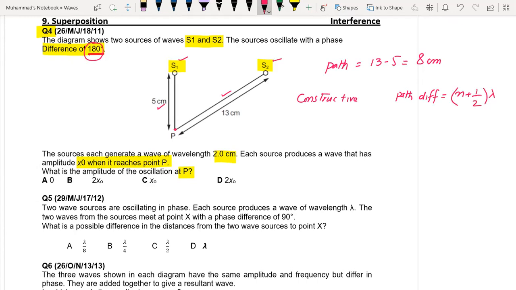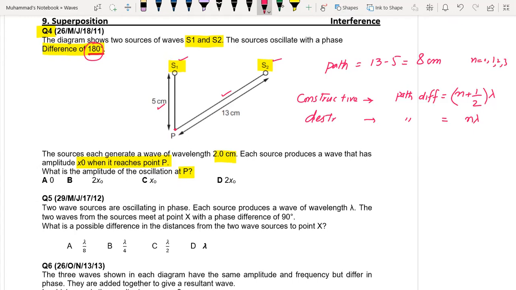And for destructive interference, path difference must be equal to n lambda, where n is 0, 1, 2, 3.